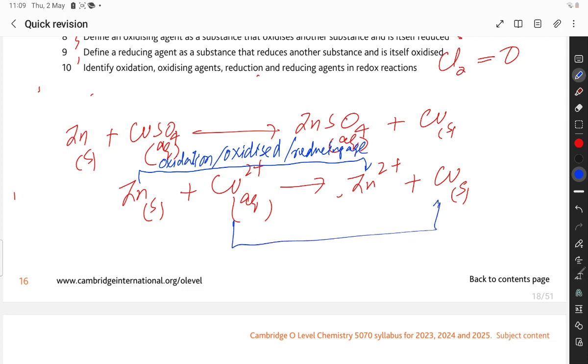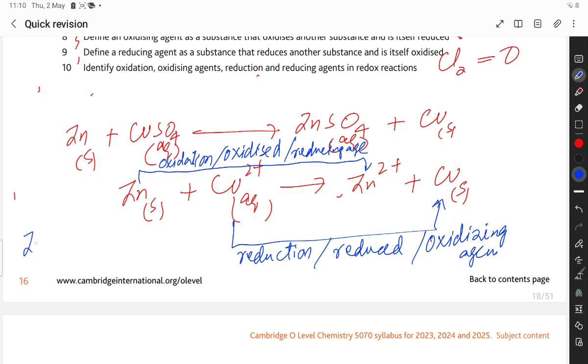Similarly, copper ion to copper solid is reduction because of gaining of electrons; it is reduced and acts as the oxidizing agent. And you know that the half equation for this reaction is zinc solid to form Zn2+ plus 2 electrons, and Cu2+ aqueous plus 2 electrons to form copper solid. So when we cancel these 2 electrons, we write it like this.